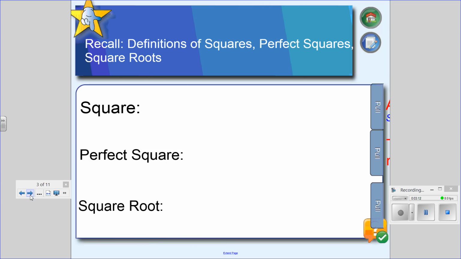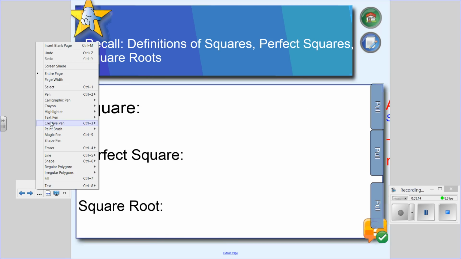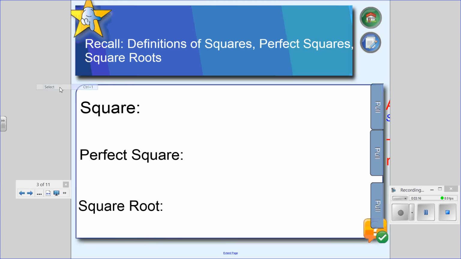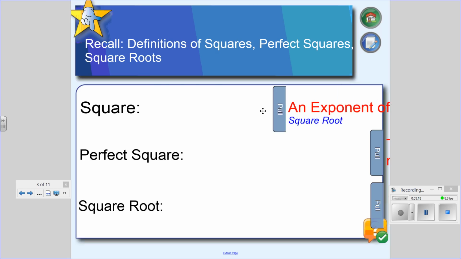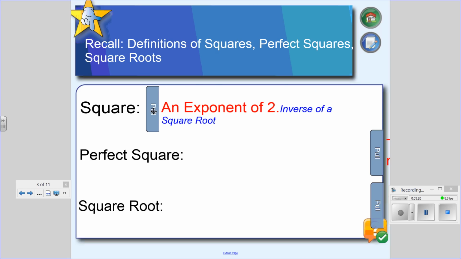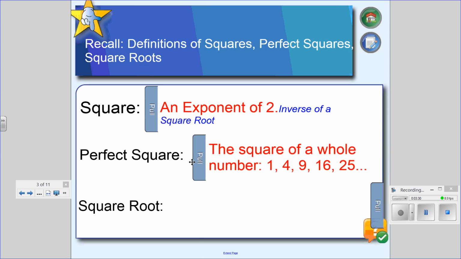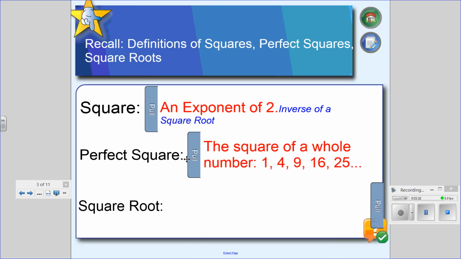Moving on. Okay, so recalling the definitions, write them down. If you don't remember, a square is an exponent of 2. Also, for intents and purposes today, it is the inverse anytime that you see a square root. A perfect square is a square of a whole number, or I should probably say the counting numbers.